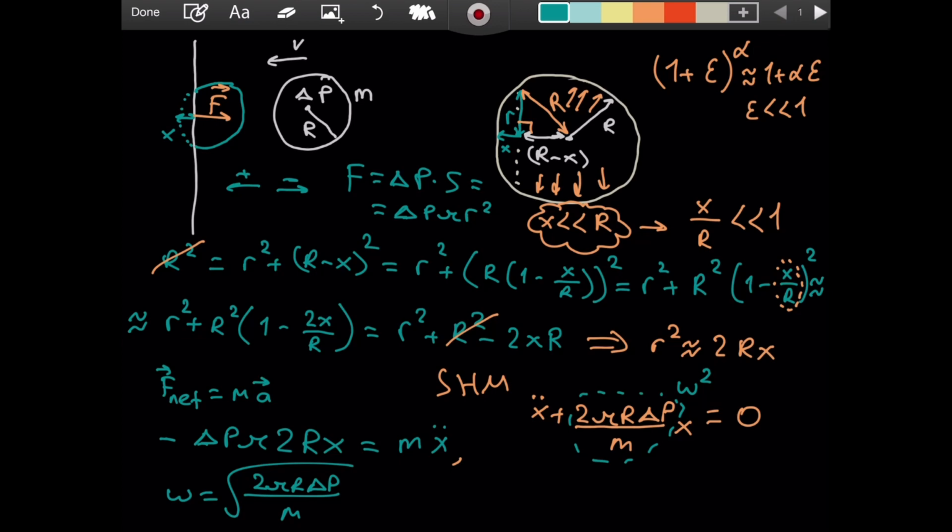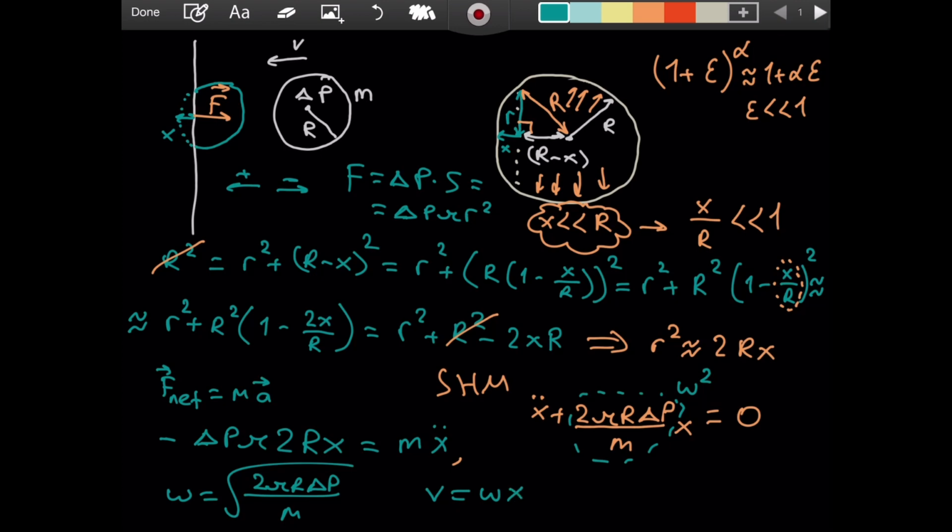Also, in simple harmonic motion, the maximum velocity, which is v, right? The velocity just before the collision in our problem, v equals omega times the maximum compression, maximum displacement from the equilibrium, which is x.